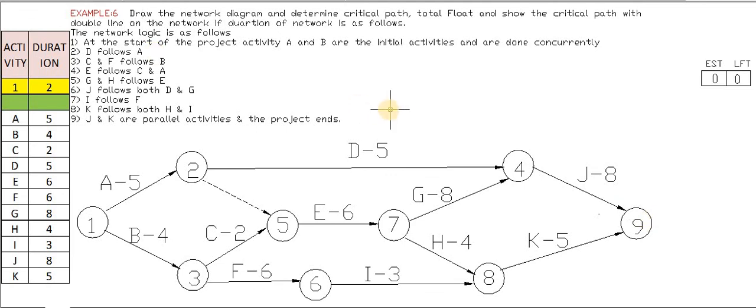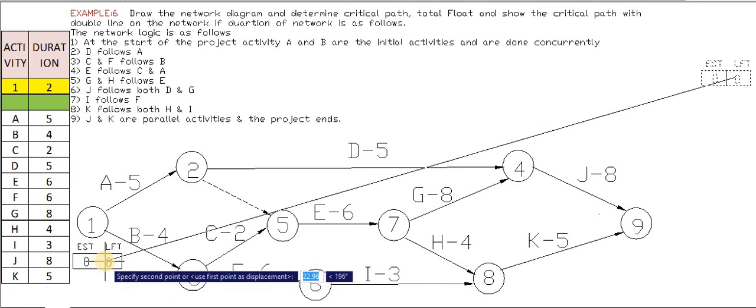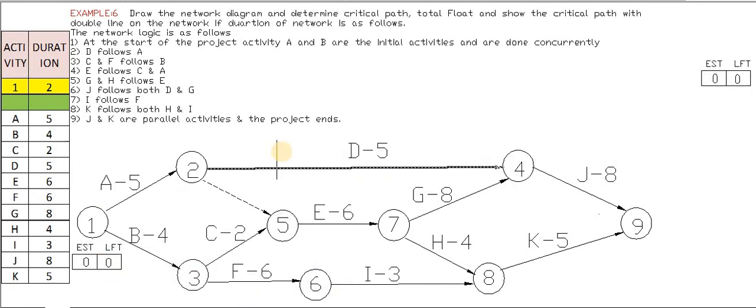What is the next thing to be calculated? Earliest start time and latest finish time. Earliest start time is to be calculated in the forward direction, and latest finish time is to be calculated in the backward direction. So here I have taken the template. We will first copy this template, and next we will have this. Yes, because the starting point is always the same.